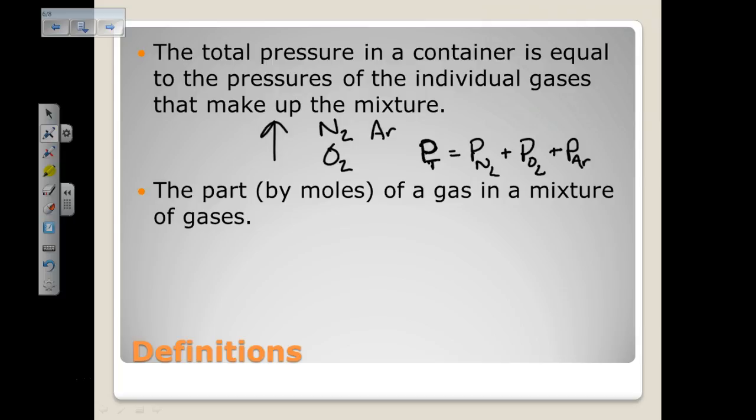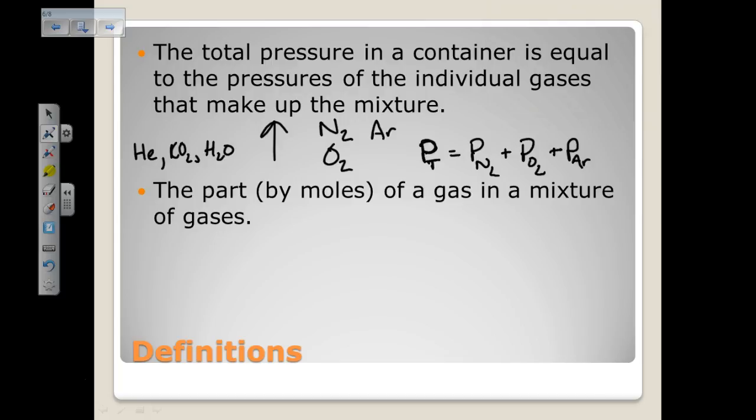It turns out that those helium balloons aren't filled with helium completely. There's a little bit of water vapor in them. There's a little bit of carbon dioxide and things like that. So when we have a helium balloon, we can say it's mainly helium, but there's a little bit of carbon dioxide and a little bit of water vapor.